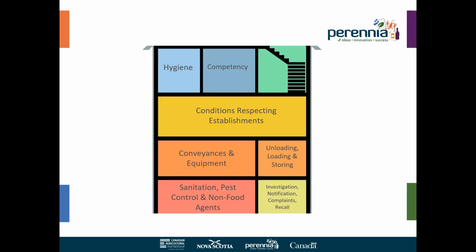So your preventive controls cover 90 to 95% of the hazards in your facility or at your operation. And then when those do not cover it, you have critical control points that you would put in place. But 90 to 95% of the hazards at your facility or your operation is controlled by preventive controls.